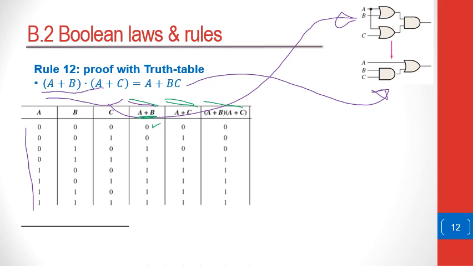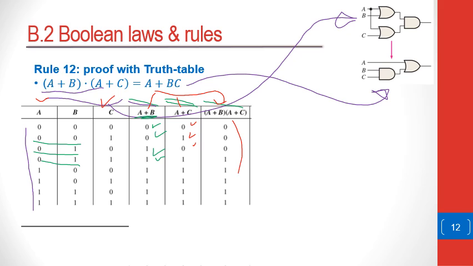And then A or B here is going to be 0 because both A and B are 0. Here we're going to have 1 because B is 1. Here we're going to have 1 because B is 1, and so on and so forth. In the same way, we can fill in A or C to get these results, looking at A or C only. And then finally we take the intersection, or the AND operation, between this and that. So we AND them to give us that.